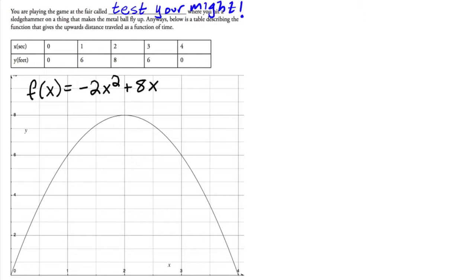But anyways, you hit a sledgehammer on a thing that makes a metal ball fly up. And so here x is representing time, and this is the height of the ball. So the ball goes up and reaches a maximum point after 2 seconds, and then it comes down after 4 seconds.